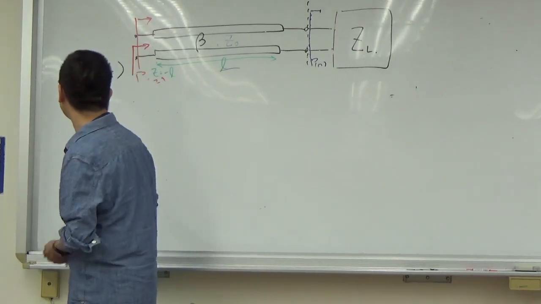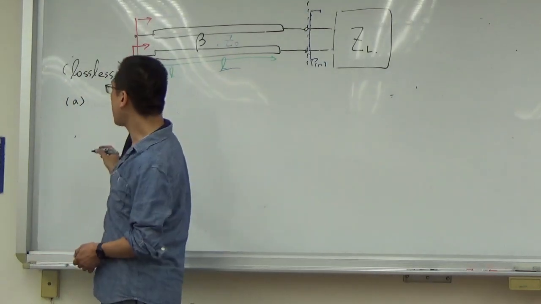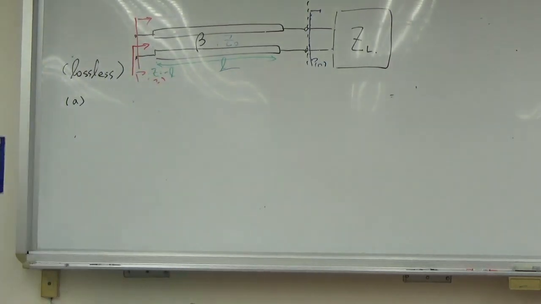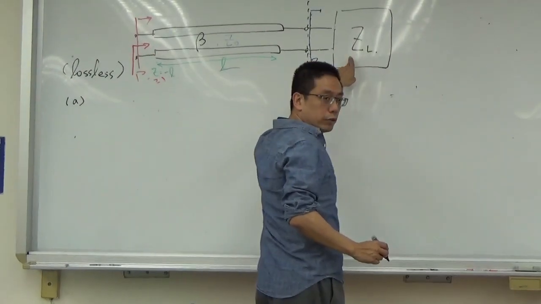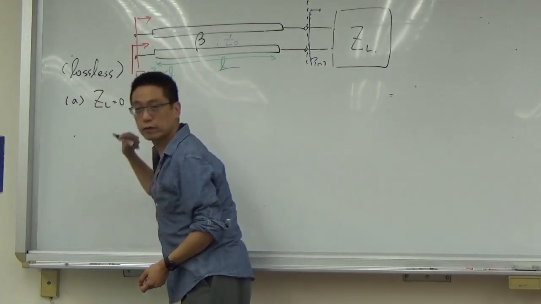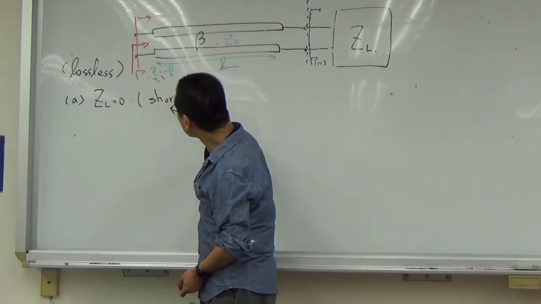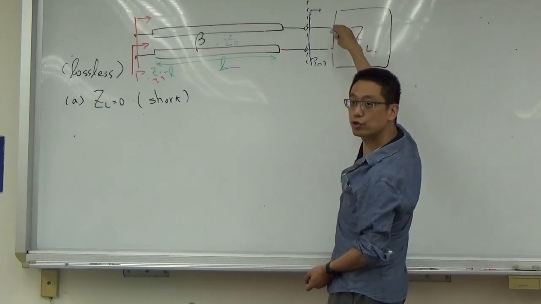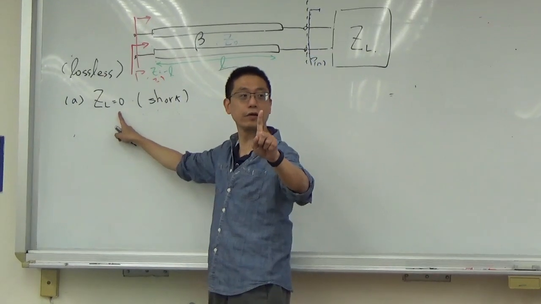The first case is what happens to your input impedance at the input end if your load is short. This is a case of load short, so Z load equals 0. Okay, the first case we are going to discuss.